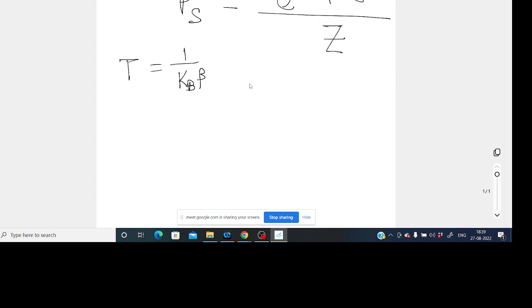Okay. So in the last class, we have shown that the probability of finding some energy Es for a system in equilibrium with a reservoir at temperature T equal to 1 by kB beta is given by this. This is called the probability of canonical distribution.